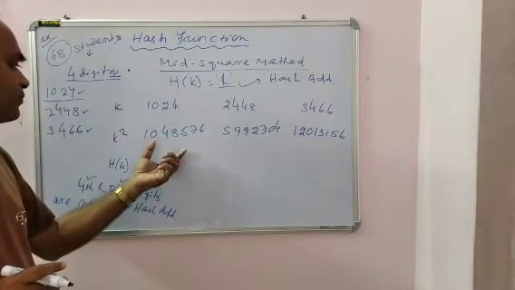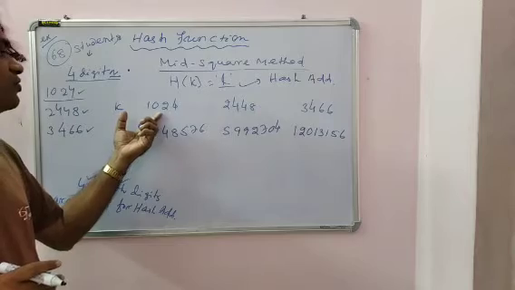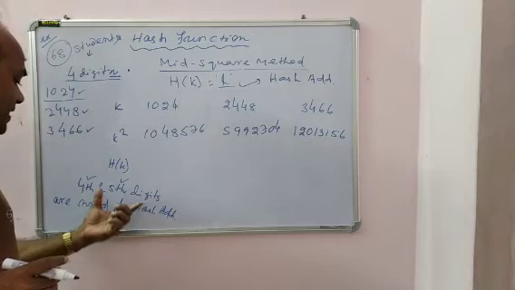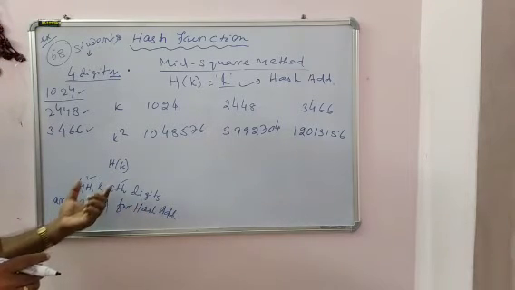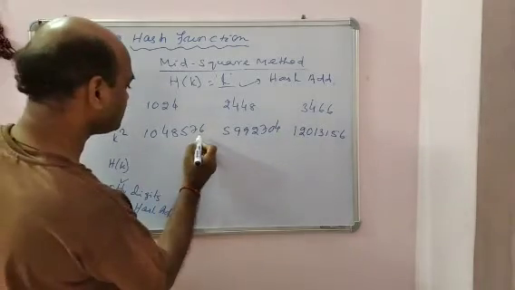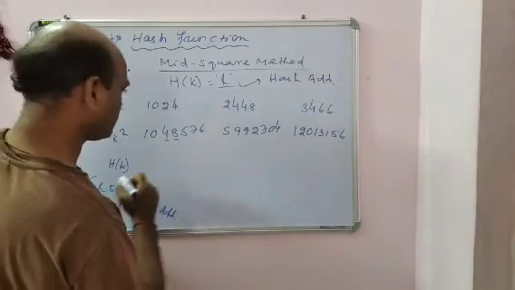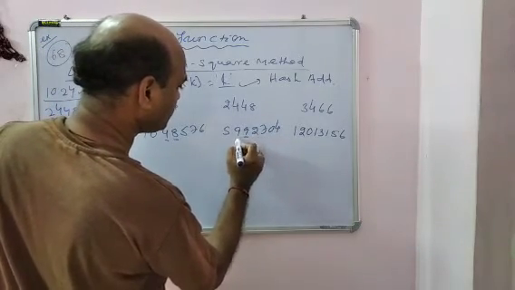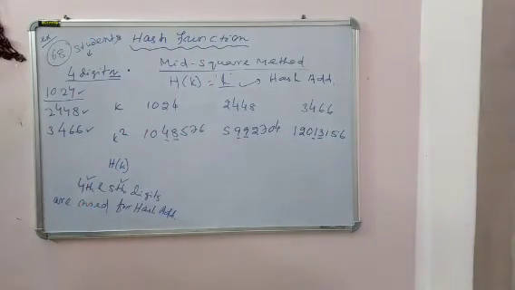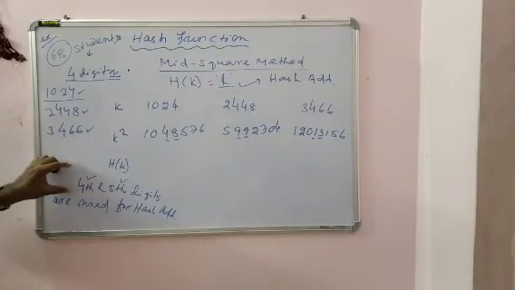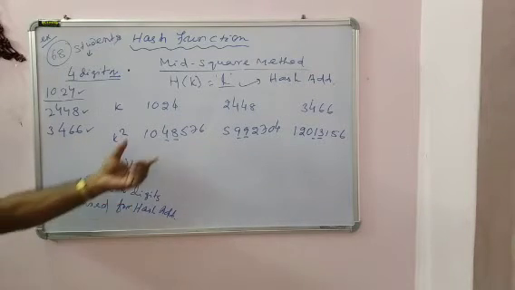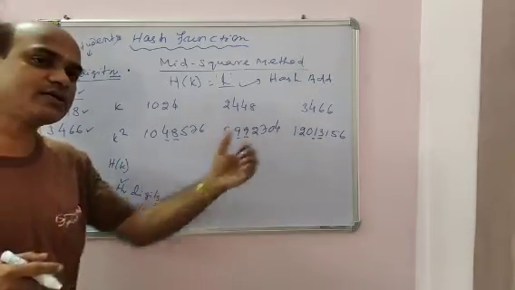From the squares of these key fields 1024, 2448 and 3466, we accept the fourth and fifth positions of the square. So by accepting the fourth and fifth position digits from this k square, we can consider the hash address.